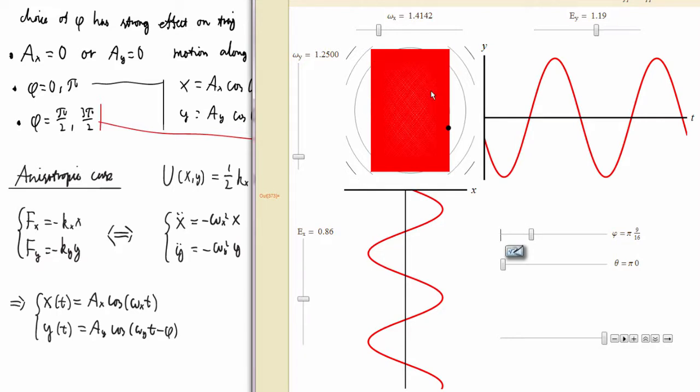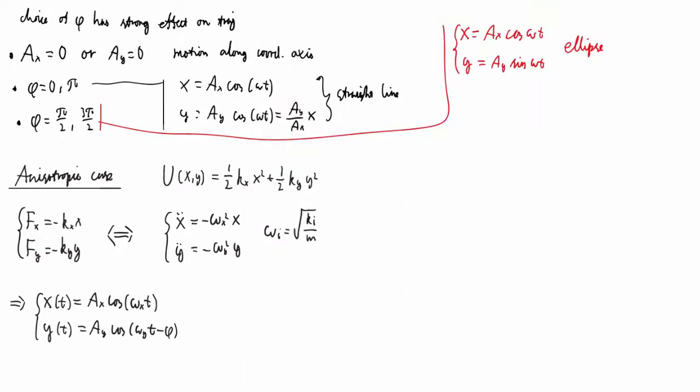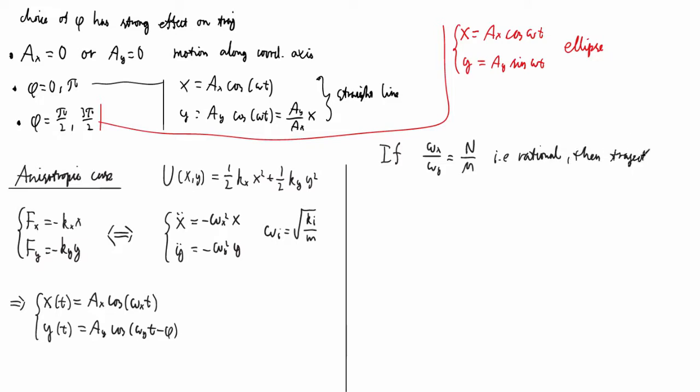So let's take a minute or two just to prove that. So what we just said was that, let's draw a little line here, that if omega x over omega y is rational, that is, if you can write it as some integer n over some integer m, then the trajectory repeats.